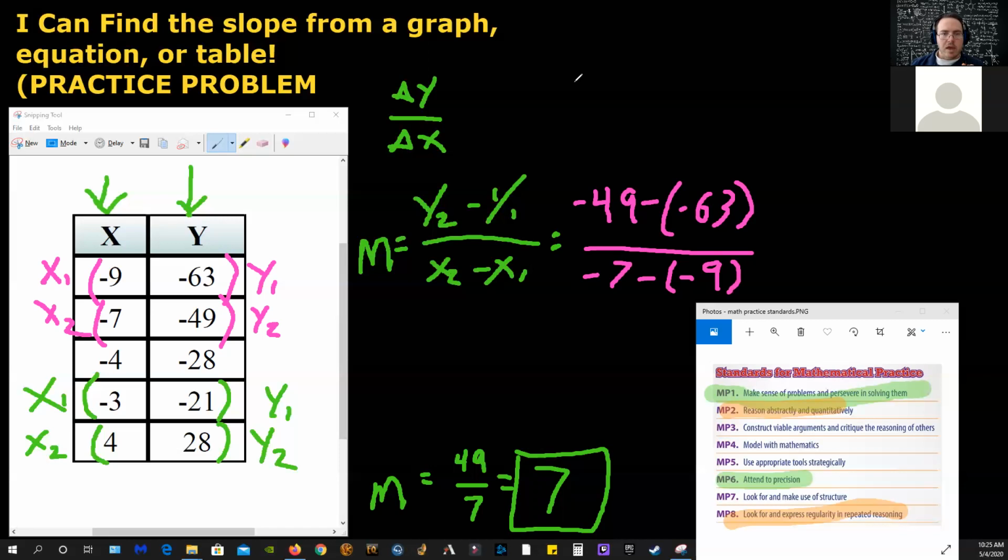Okay, the abstract rule still applies. The opposite of subtraction is addition. Well, negative 49 plus 63, oof, what's the difference of that? So 63 minus 49. That is really sloppy.